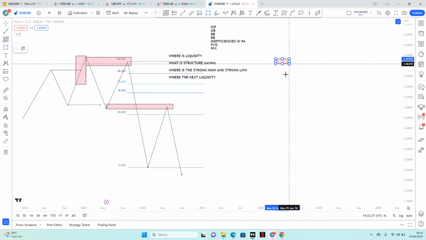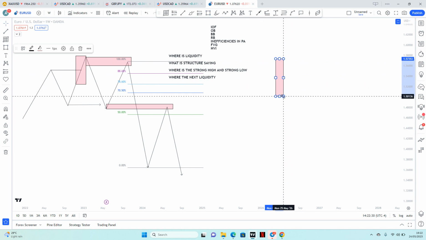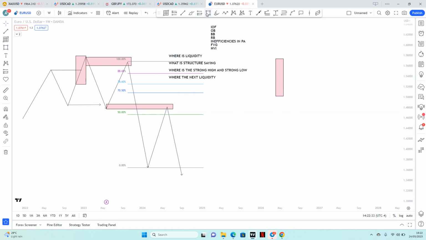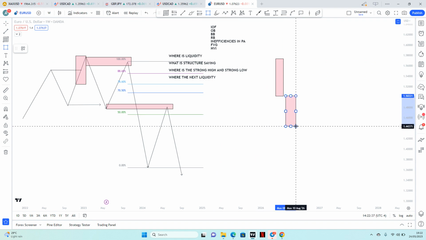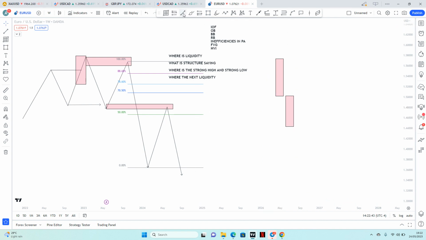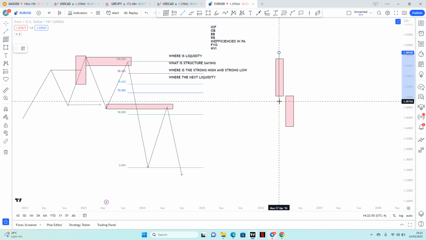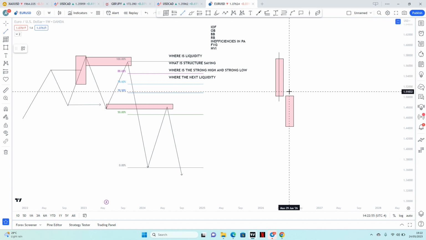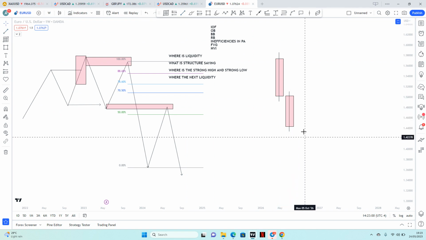We all know what a fair value gap is. But then, if we have two impulsive bearish candles, let's put it that way. Of course, they have to be with impulse, like two long bearish candles like this. I'm sorry, I didn't prepare all these things before this class.